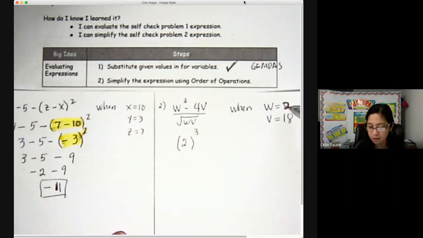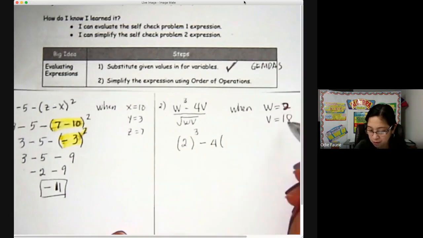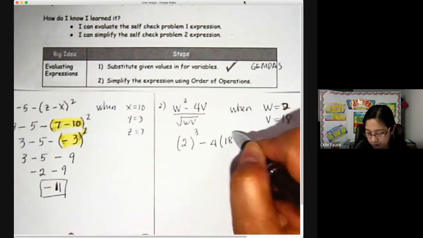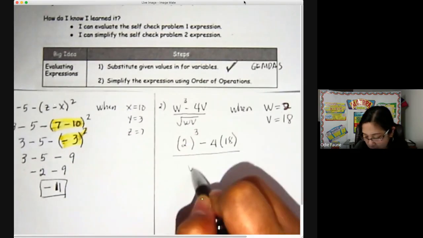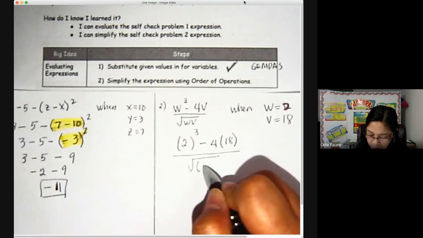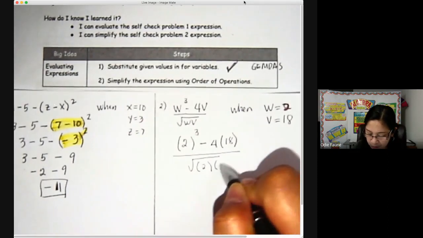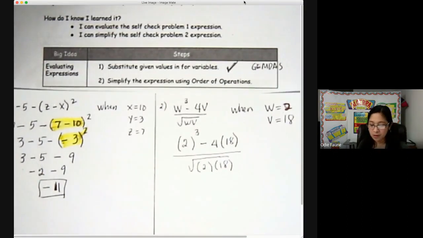This one, okay? Minus 4 times V. V is 18 over. So let's substitute the denominator. W is 2 and V is 18. This is used as a grouping symbol, the vinculum.